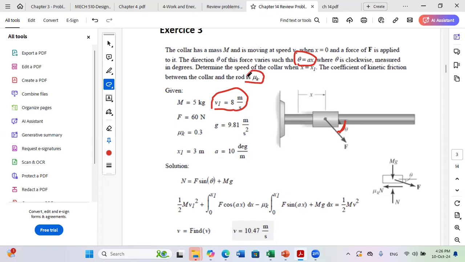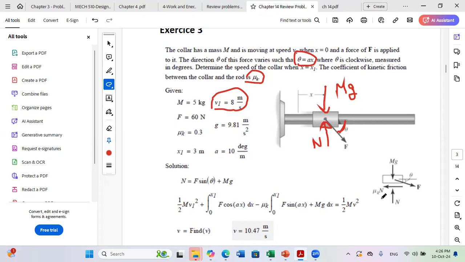So the first step will be to consider the free body diagram of forces acting on the block. We have the normal reaction. Now, of course, the normal is perpendicular to motion, so it cannot produce any work. We have the weight, but is the weight producing any work here in this problem? No, we don't have work for the weight because it's also perpendicular to motion.